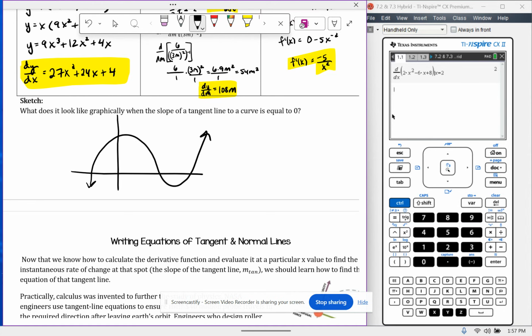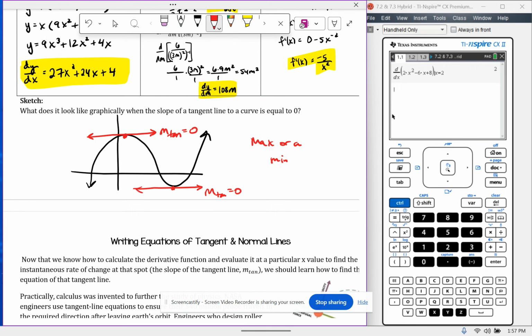It would be a flat straight line, yep. Where do you think that would happen? The max and the min, good job. Very good. So in these cases, we would denote this as m tan equals 0. The slope of the tangent line is equal to 0. And that happens when there is a max or a min.